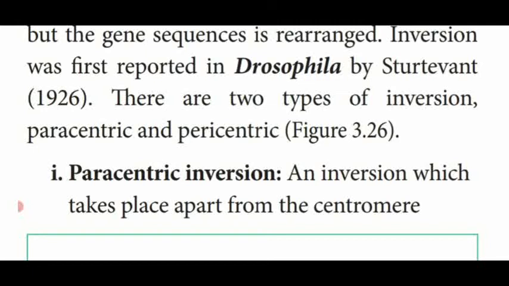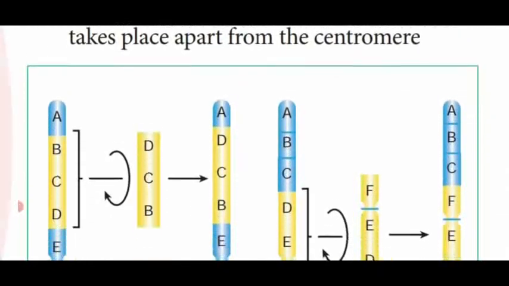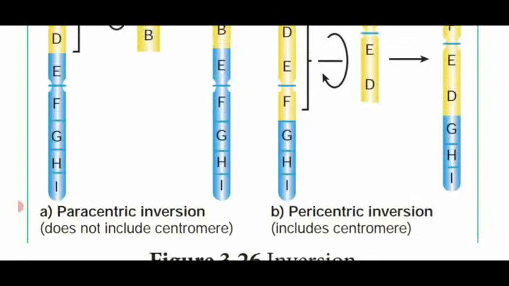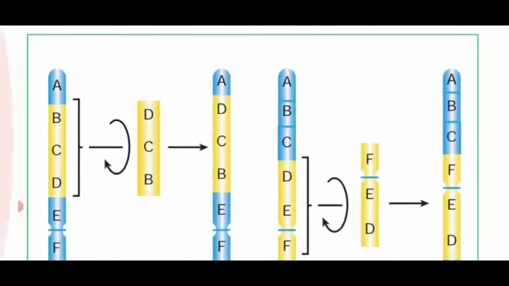Paracentric inversion takes place apart from the centromere. What is the centromere? It is an oval-shaped body which separates the two arms of the chromosome. So the inversion aberration takes place apart from the centromere region. That is said to be paracentric. Dear students, see the diagram. This is the inversion process.